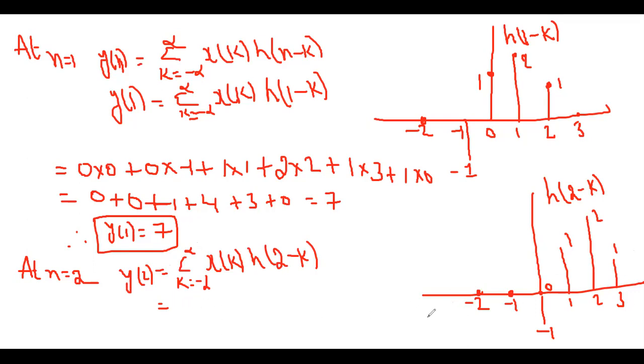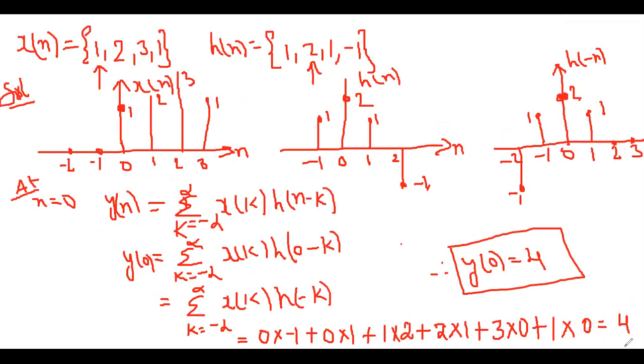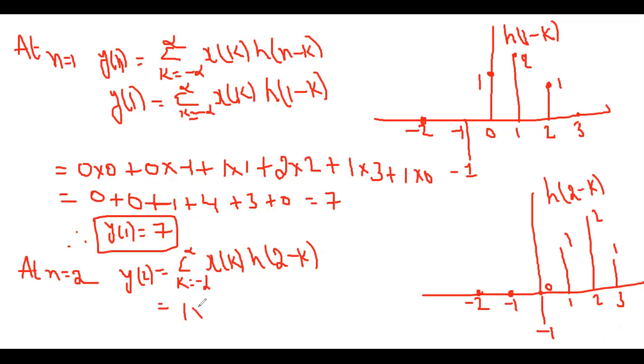Now at minus 2 the value is a 0 and minus 1 is also 0. Now add the 0 value. Here the x values are 1, 2, 3, 1. 1 into minus 1 plus 2 into 1 plus 3 into 2 plus 1, 2, 3, 1.